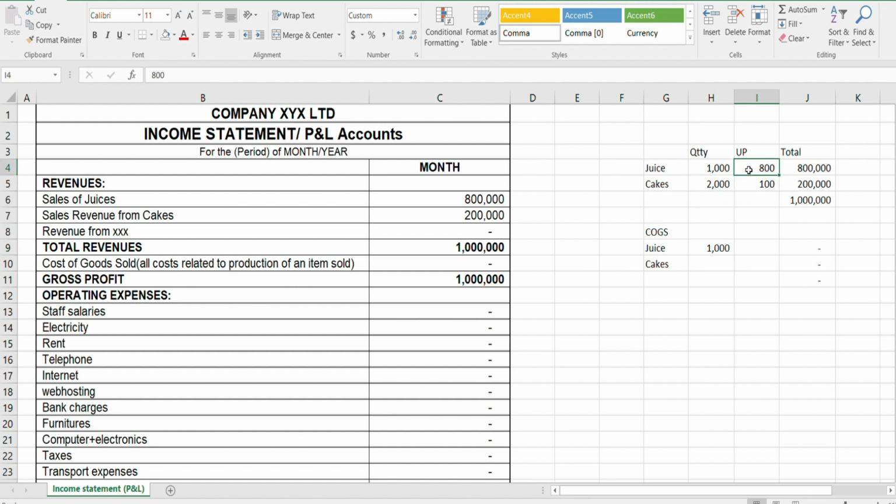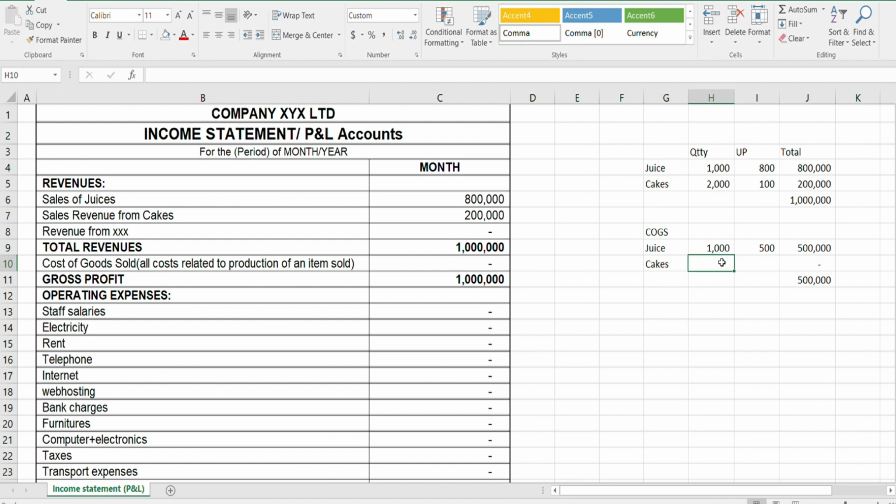How did it cost us for producing this juice or bringing it to the market? Maybe it's 500 per juice as a cost to realize a kind of profit, of course.